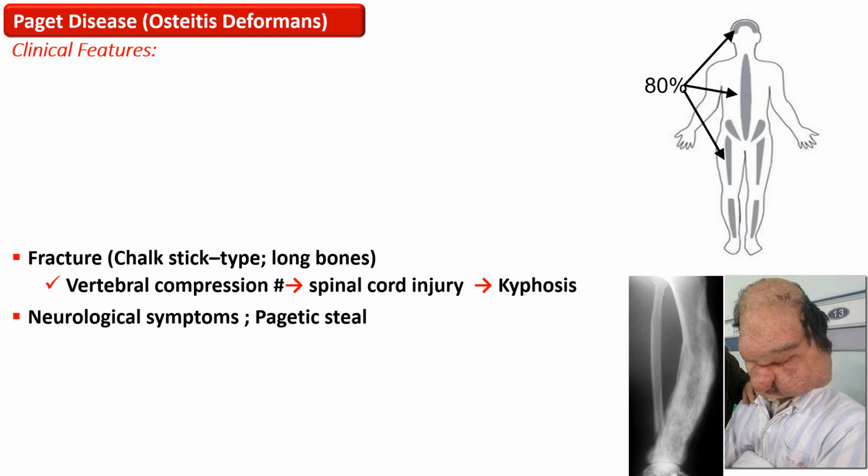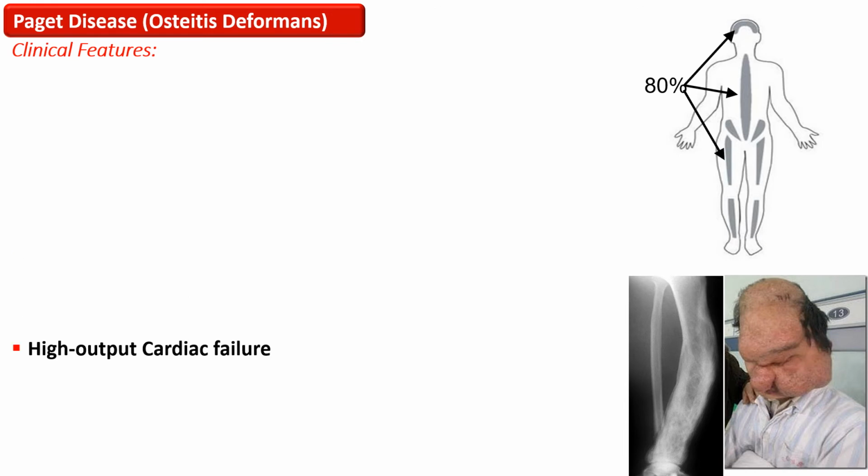It is a condition of lightheadedness that is due to shunting of blood from the internal carotid system to the bone. As bones are highly vascular in Paget's disease, this highly vascular bone can also lead to high output cardiac failure.